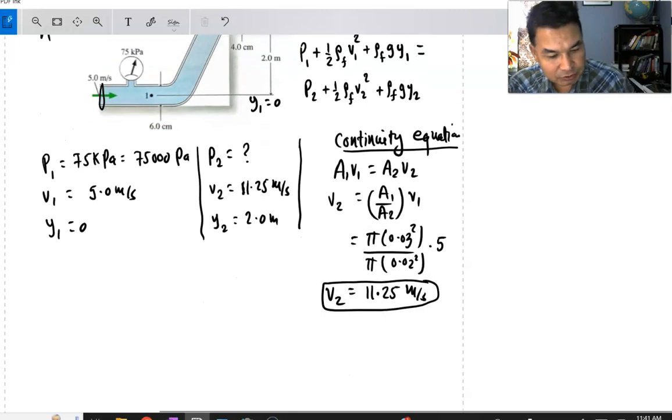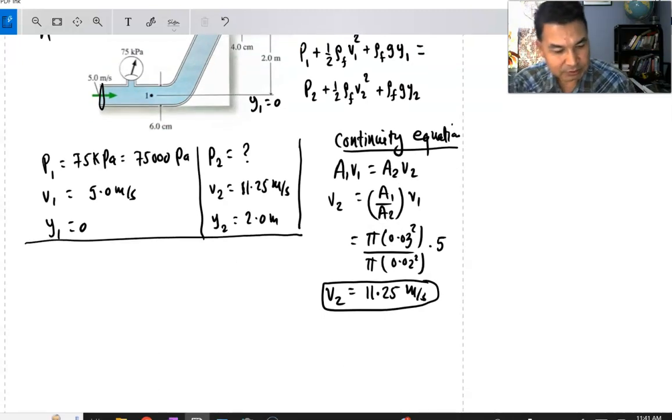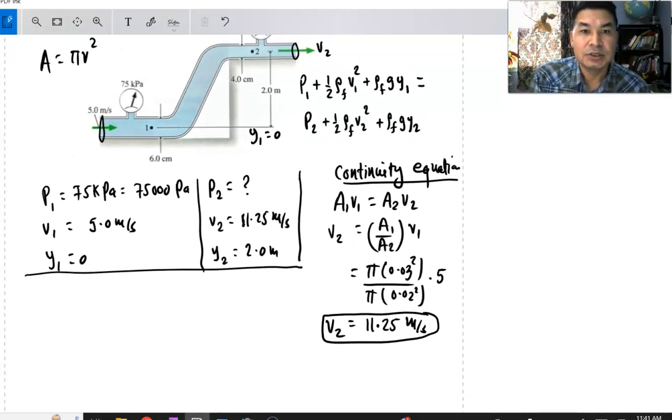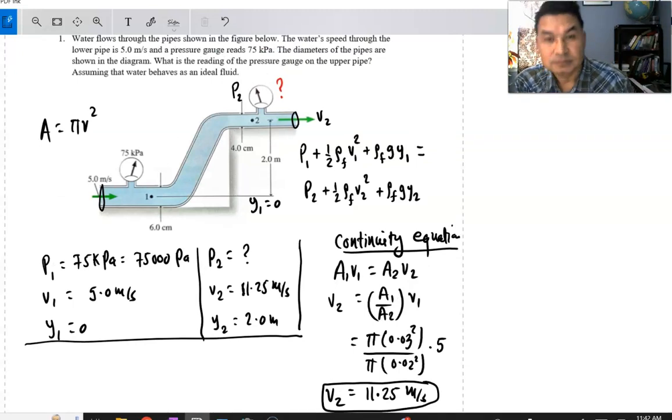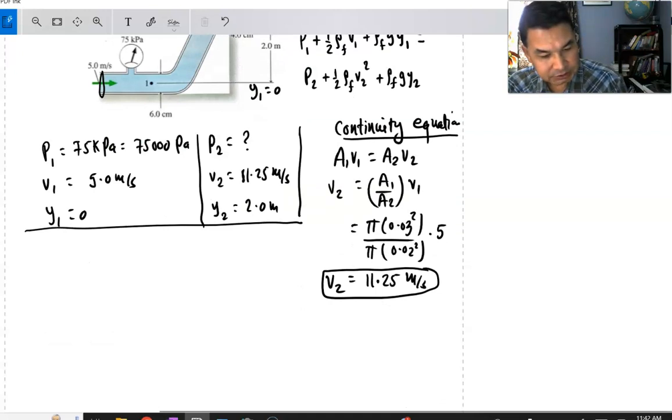Now we're ready to use Bernoulli's equation. Now we have to rearrange the terms and somehow figure out P2. I'm sorry, we're solving for P2, not V2. It's the gauge pressure reading P2. So let's do that.